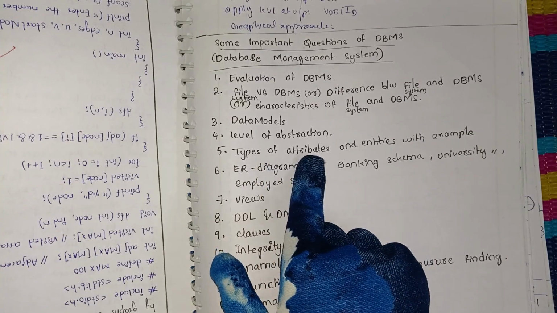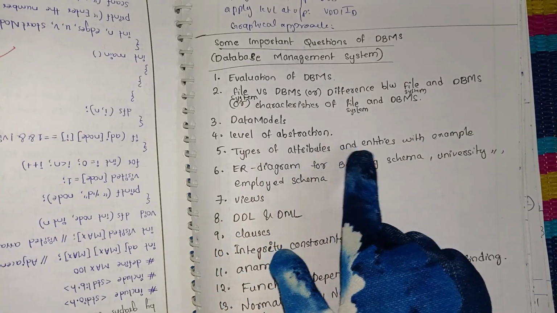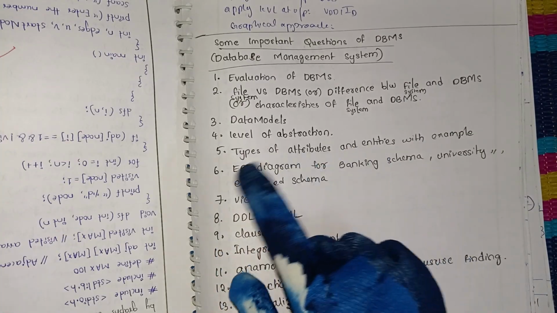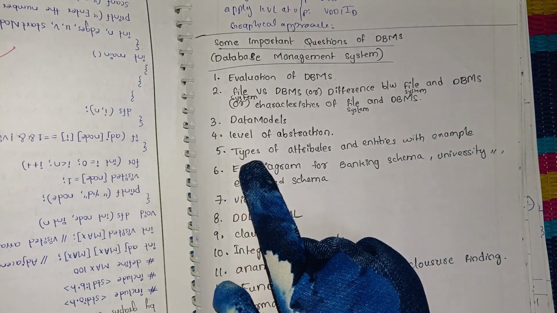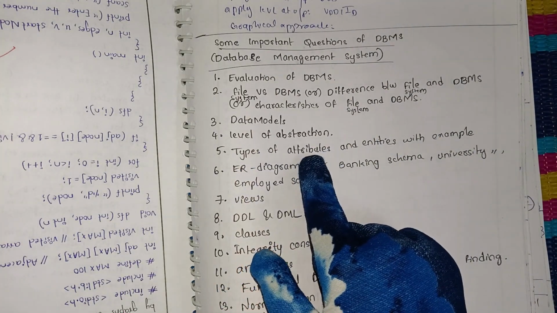In this class only we will see what is entity and types of entities. In the next class maybe we will discuss attributes.